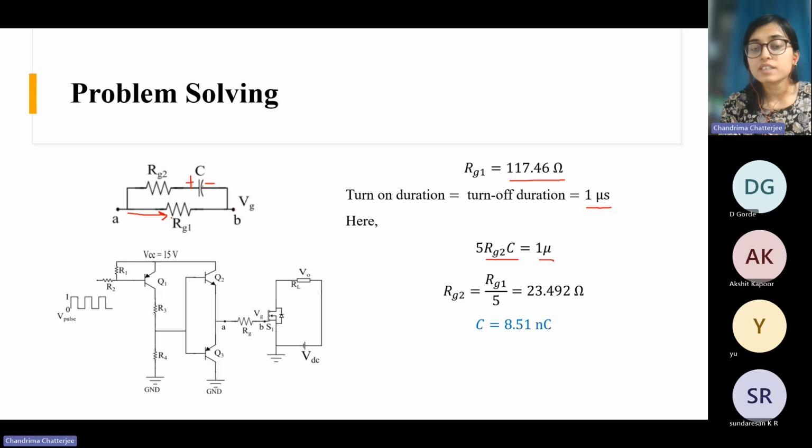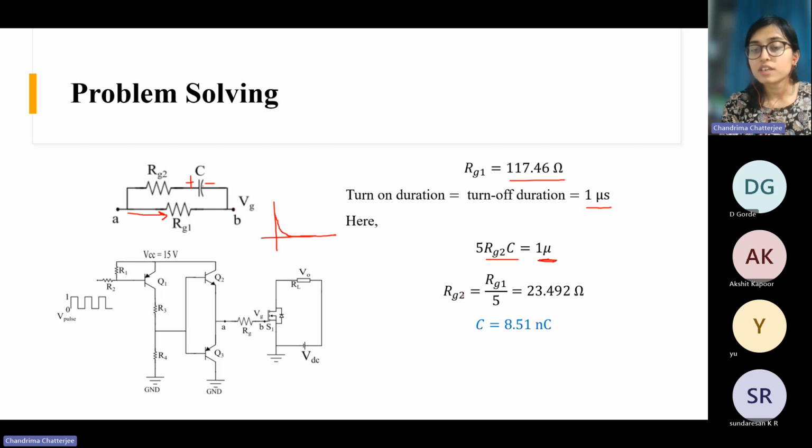So then, when this capacitor is fully charged, this path gets open and the current can flow through this, right? But here we are talking about a MOSFET. So you don't need the gate current throughout the on transition. You just need gate current for a very small duration. After that, the gate current is zero, right? So that's why this 5 Rg2C should be at least equal to your turn on duration, which is 1 microsecond, right?